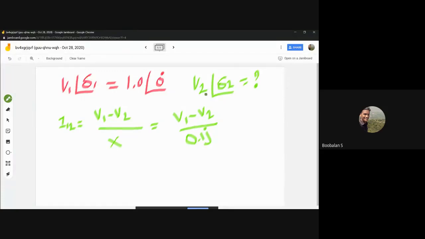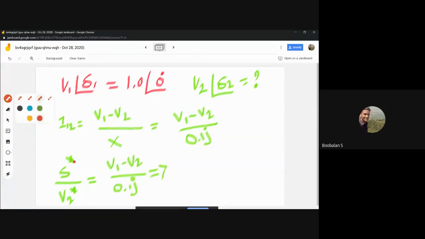So what formula comes here? S complex conjugate divided by V2 complex conjugate equals V1 minus V2 divided by 0.1 J. Substitute all the known values. What do we get?